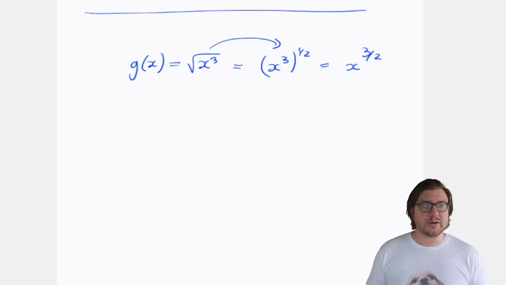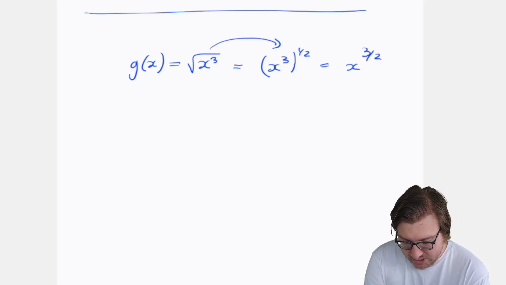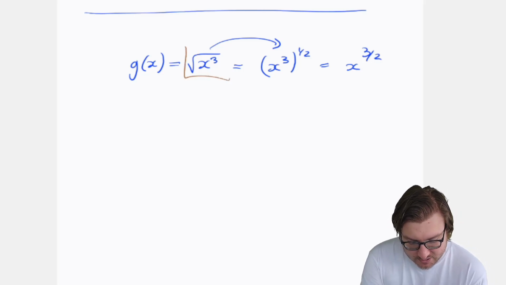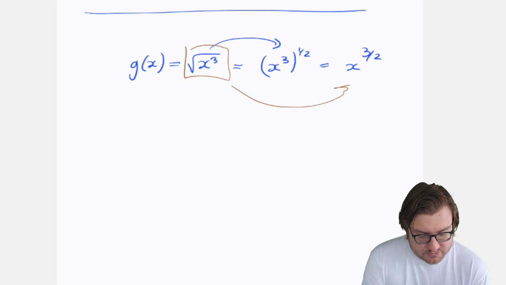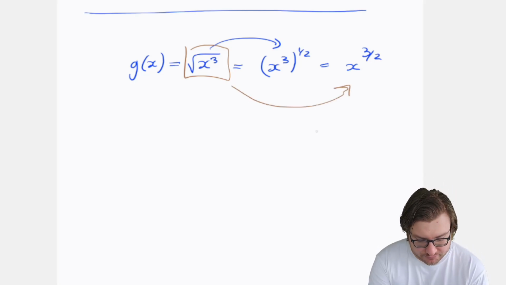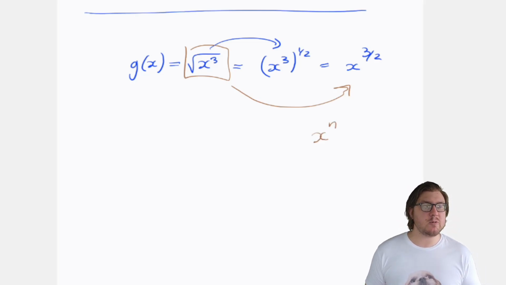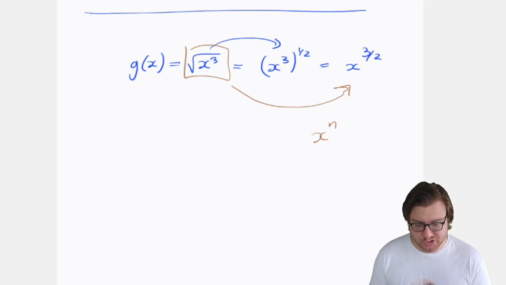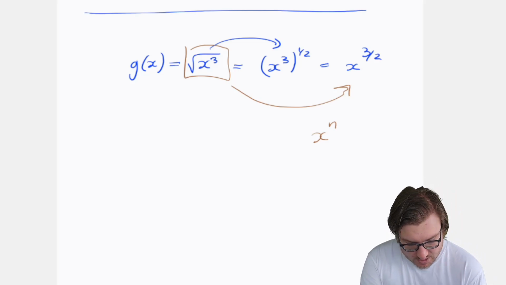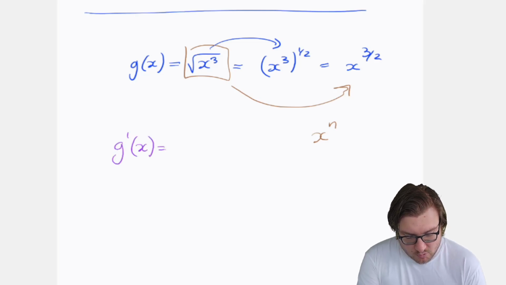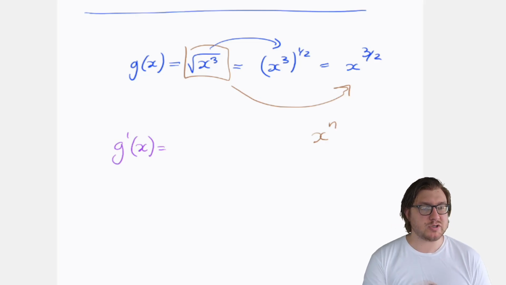Now, what this means is we used something that looked like a surd and we rewrote it in terms of this x to the power of n form. And now we can apply our formula just like before. So in this case, if we want g prime of x, well, we multiply the power to the front.